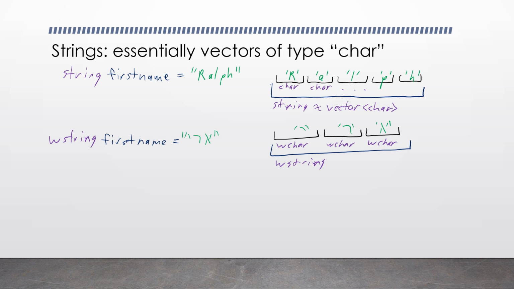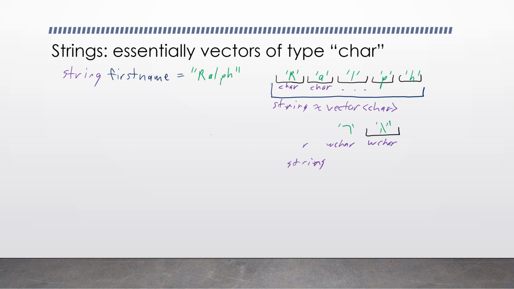Okay. One other thing I want to point out while we're on this little topic is that you'll notice that when I wrote Ralph, I put it in double quotes, but when I put each character in, I put them in single quotes. C++ distinguishes two kinds of text. There are strings and there are characters.